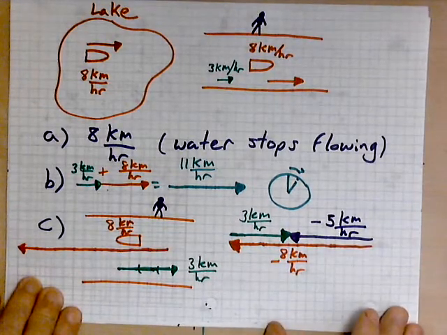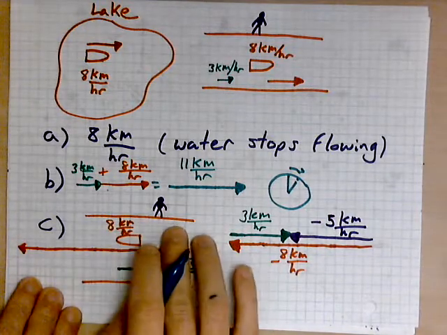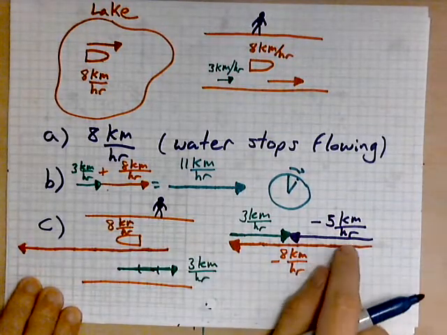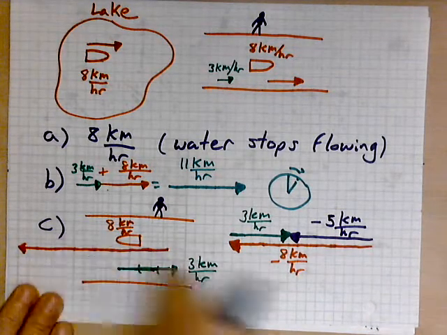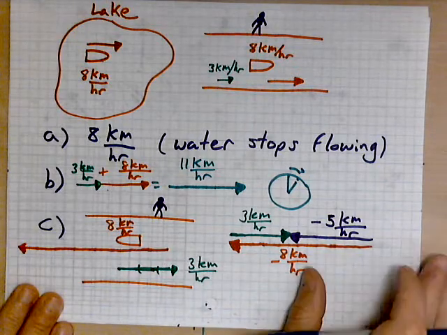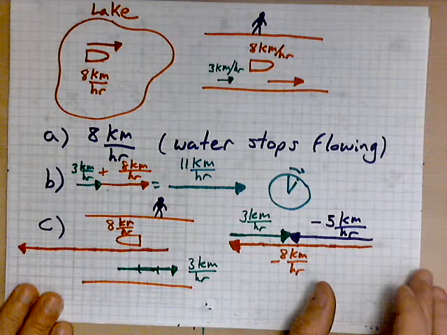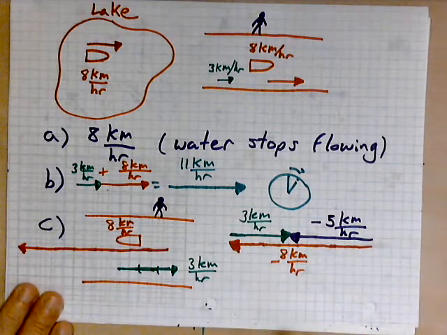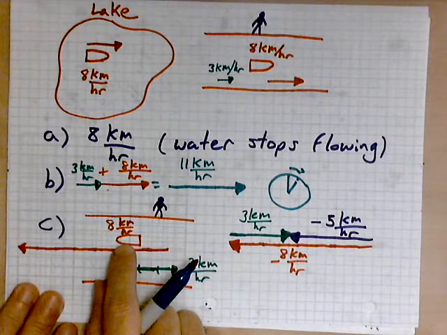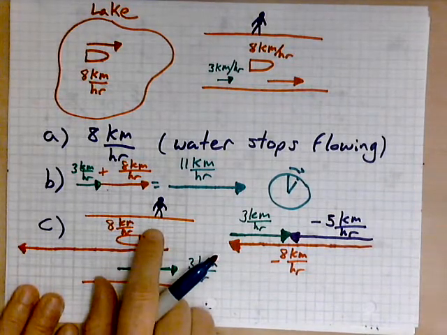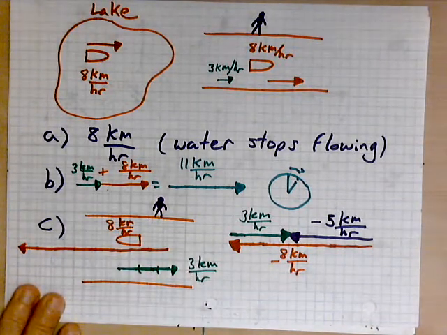So the effective velocity of the boat relative to the blue dude on the bank of the river here is 5 kilometers per hour negative, which means the same thing as upstream. Okay. So that means if he could see for a great distance, and if he watched the boat, 1 hour later it would be 5 kilometers from him against the current, okay, or upstream.